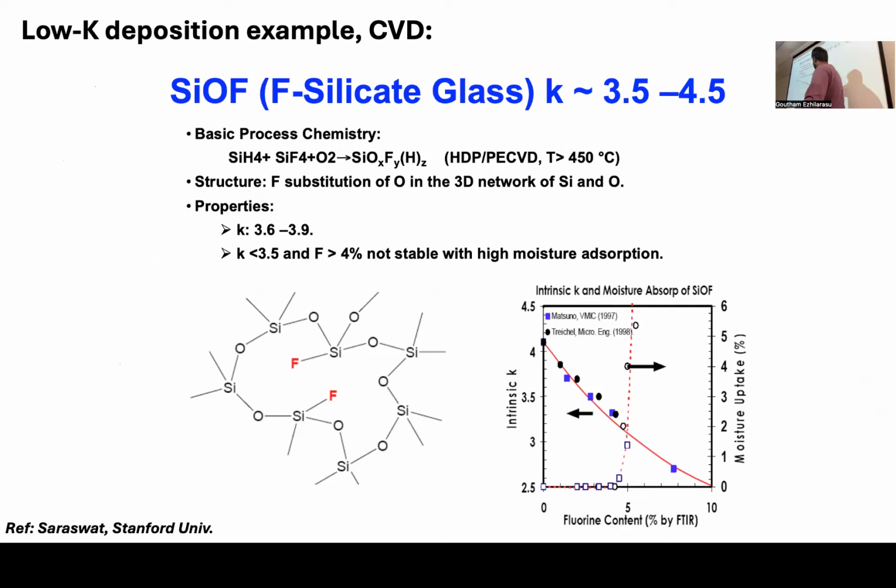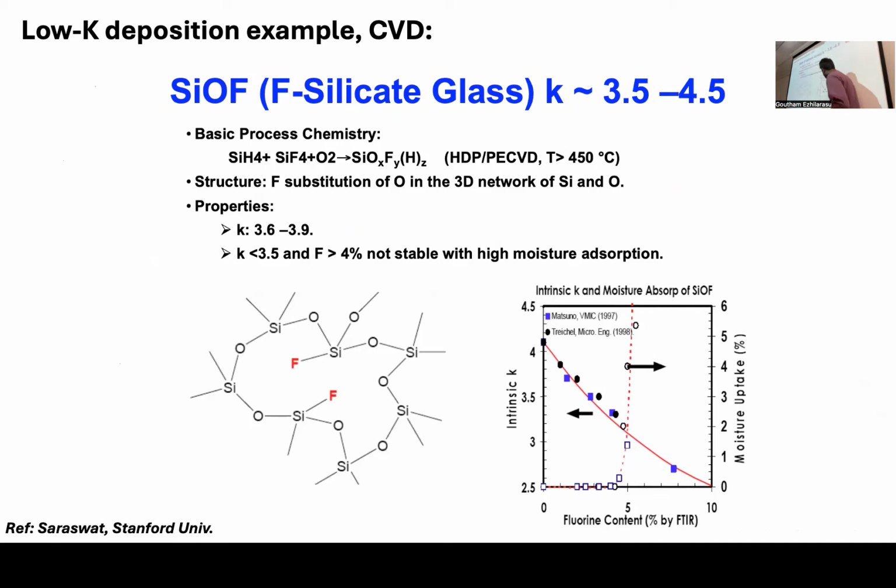And here's an example of the first case, when you grow the silicon oxide, which is typically grown with this kind of silane, you add some kind of SiF4 to it. And what happens is when this deposits on the surface through the CVD process, some amount of oxygens are now replaced by fluorine, okay? And by controlling the percentage of fluorine in this particular oxide, you can control the dielectric constant.